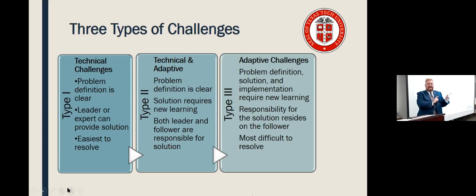We, the type 2, is technical and adaptive, meaning that the leader and the follower can work on the solution together. The adaptive challenge, that type 3, is solved by your followers. You can oversee it, but the people that you're working with are going to be the best solution to that challenge. Any questions about the 3 types of challenges?